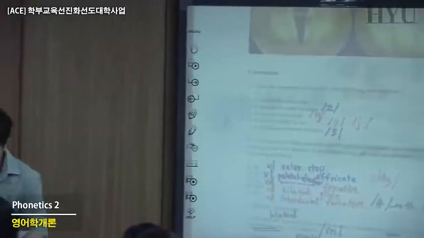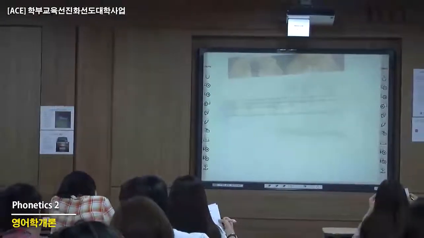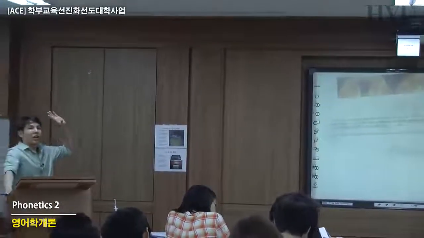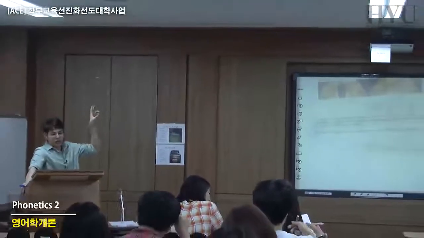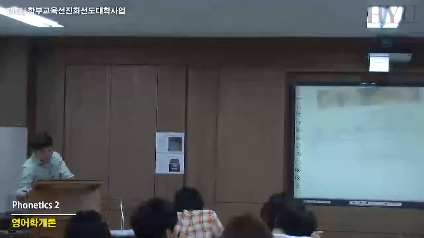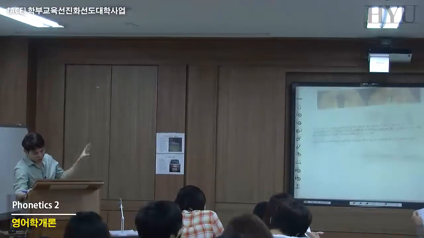Number 3, this sound is made with the tongue tip near the back of the alveolar ridge. So this has to be alveopalatal, right? And higher than for S and Z, the velum is raised so that the air goes through the mouth, so it's oral sound.